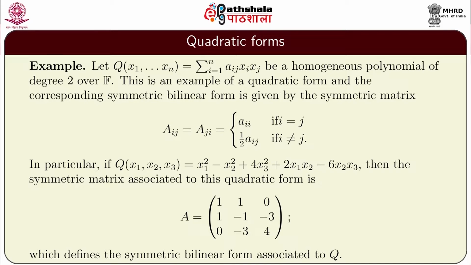You can see that the principal diagonal entries of the matrix A are nothing but the coefficients of x1 square, that is x1 x1, then x2 square, that is x2 x2, and x3 square, that is x3 x3, and the off diagonal entries are read as follows.